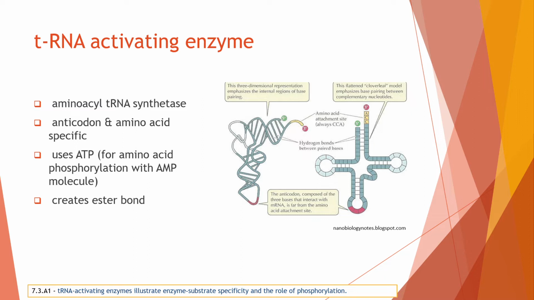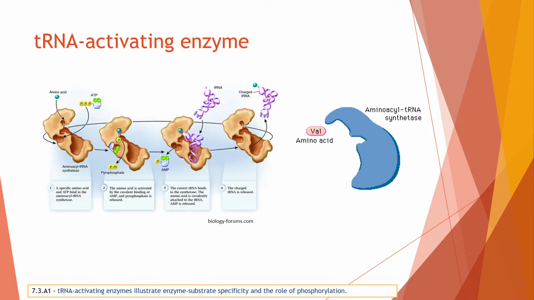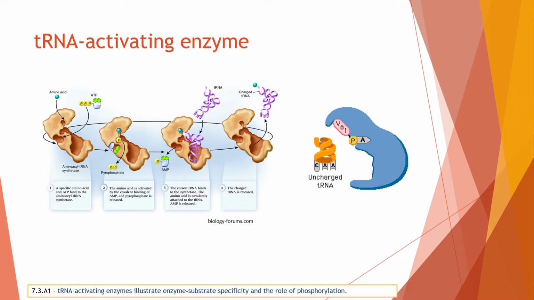So if we've got the enzyme, you of course have to recall what you know about how enzymes work. Of course, they have active sites, and these active site shapes are specific for particular substrates. In this case, the particular substrates are the amino acid, tRNA molecule, and ATP molecule.